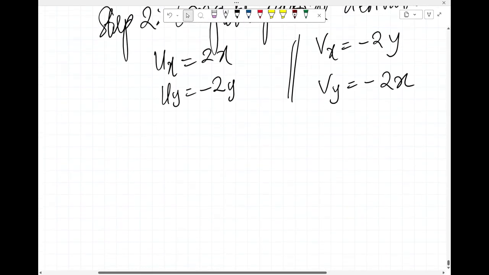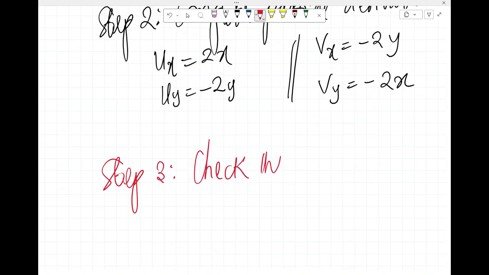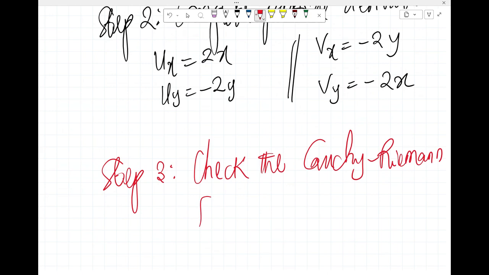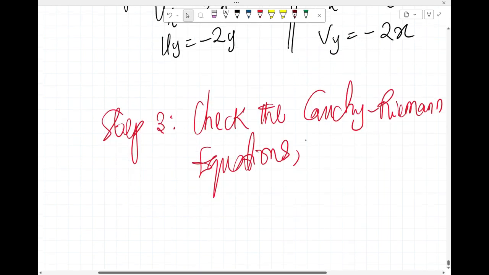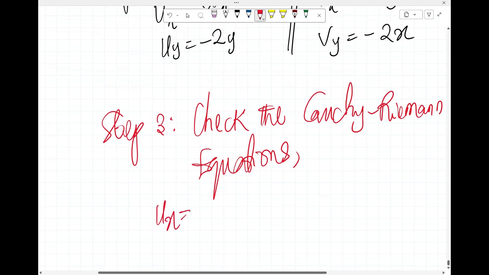So in step three now, we check the Cauchy Riemann equations. So we check u sub x equals v sub y.